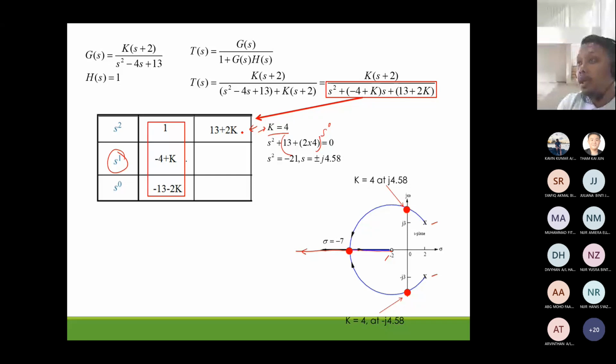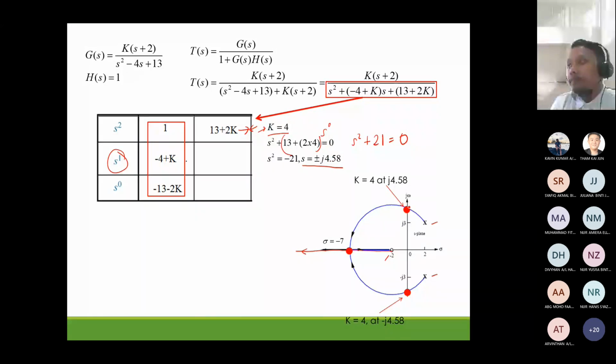So use K equals 4. Substitute in here, you get s squared plus 13 plus 8, 21, equals 0. Then you find the value of s. You get s equals plus minus j times 4.58.